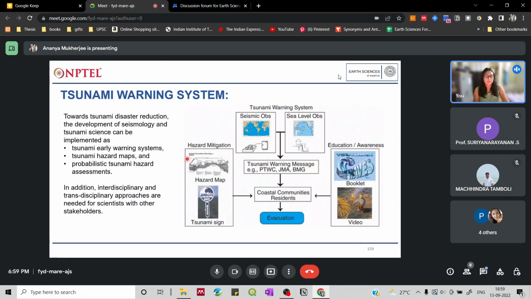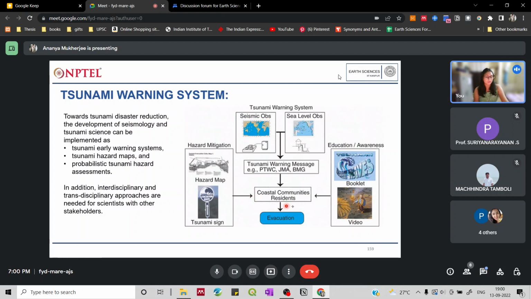So considering the hazard mitigation and the observations that are pointing towards the occurrence of a tsunami, and then the education and the awareness that has been created before, you can create a tsunami warning message. The tsunami warning message will come from the observations, and all three together will help the coastal community residents.